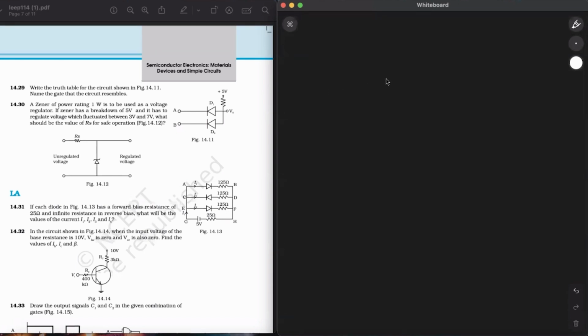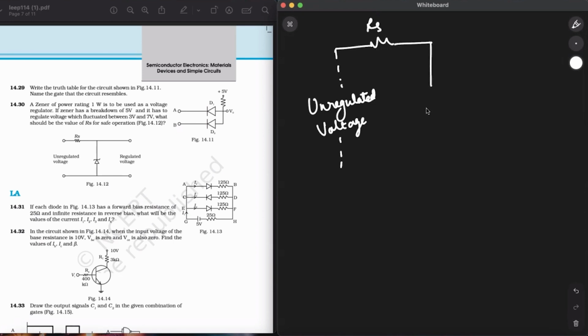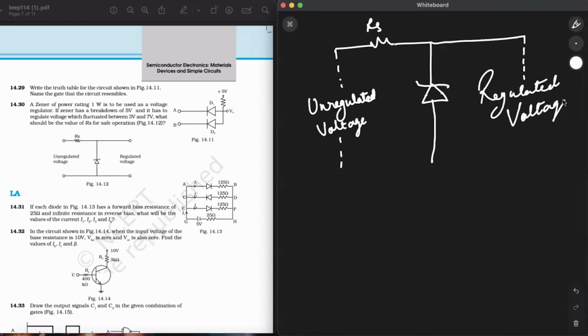Now we have unregulated voltage on this side, an RS over here coming down, a zener diode over here, and moving forward, the regulated voltage over here.